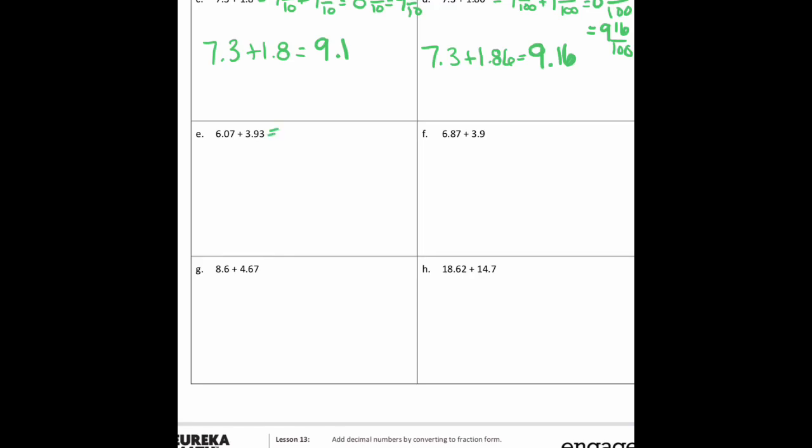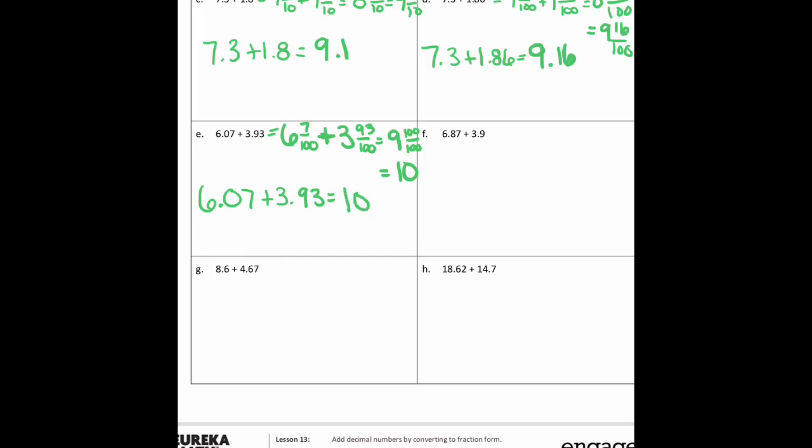Okay, so we have 6 and 7 hundredths plus 3 and 93 hundredths. Well, 6 plus 3 would give you 9. And then 7 hundredths plus 93 hundredths is 100 hundredths. Well, 100 hundredths is the same as a whole, so altogether that would be 10 wholes. And as decimals, I'd say 6.07 plus 3.93 equals 10.